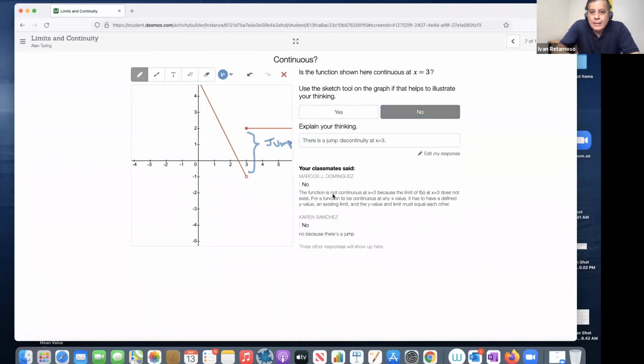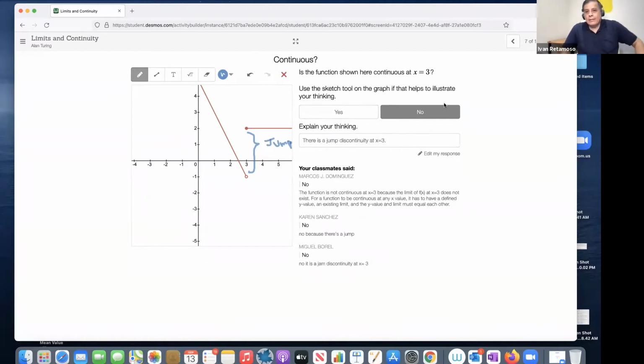I can hear student Marcus's answer: because the limit does not exist. Well, anyway, you can justify it if it's consistent with the rules. No, write it out. No, it is a jump discontinuity. Very good. No, because there is a jump. Any way you can say it, good.